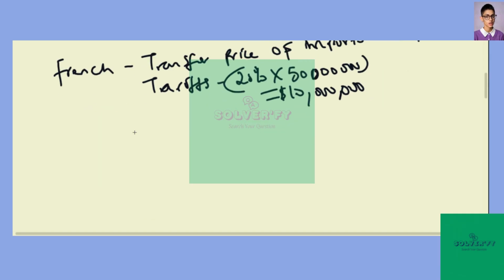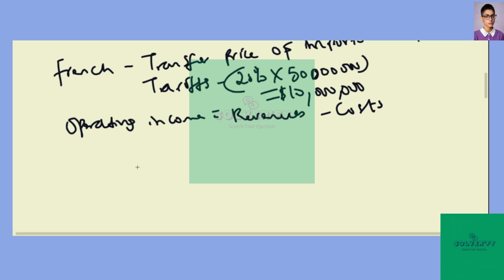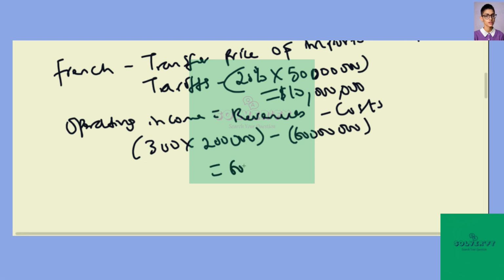So the operating income is revenues minus costs. This is going to give you 300 multiplied by 200,000, which is 60 million, minus the cost of 60 million, and this is $0.